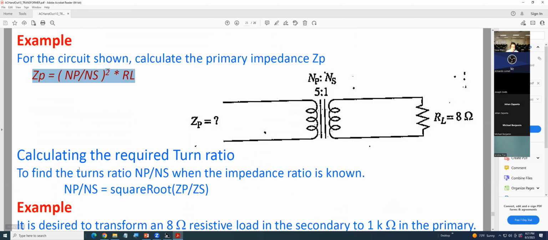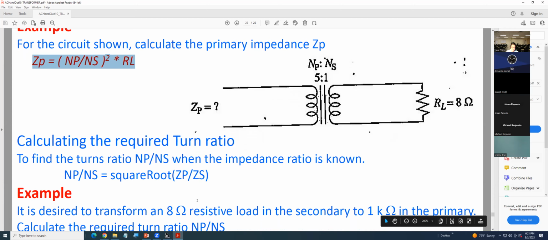And then they say to find the turn ratio, NP divided by NS, when the impedance ratio is known. NP divided by NS equals the square root of GP divided by GS.